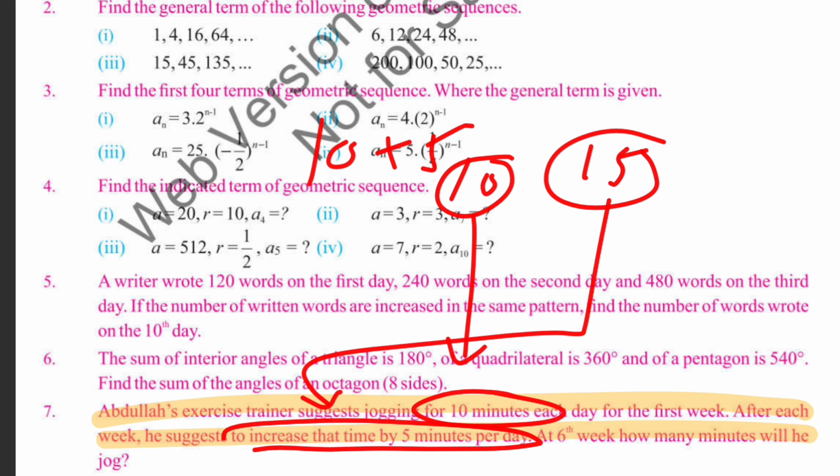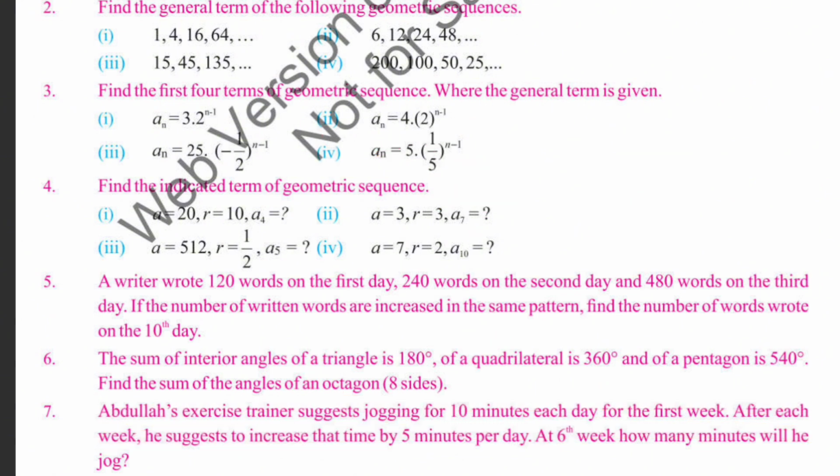First week is 10, next week here is 15. Okay. At the sixth week, how many minutes will it be? Sixth week, it means the sixth week we find here. Okay, very simply. First here is 10, next here is 5 add, and also here is 5 add, 20.